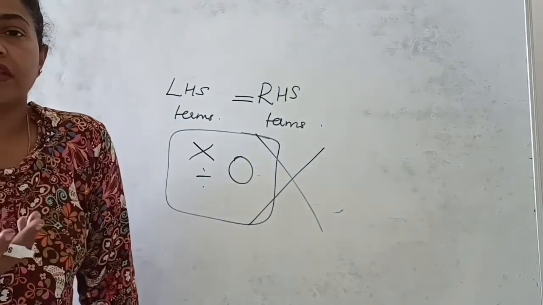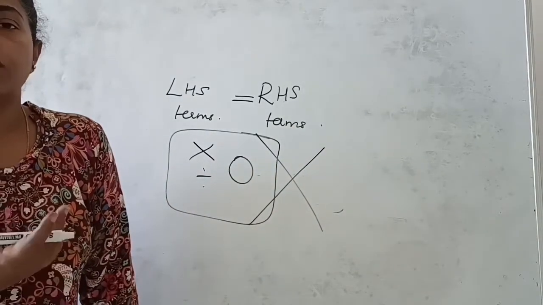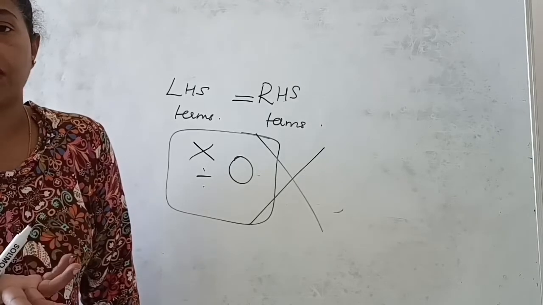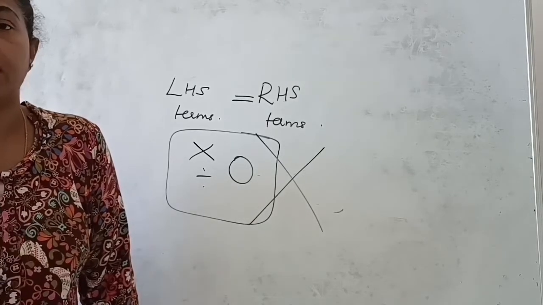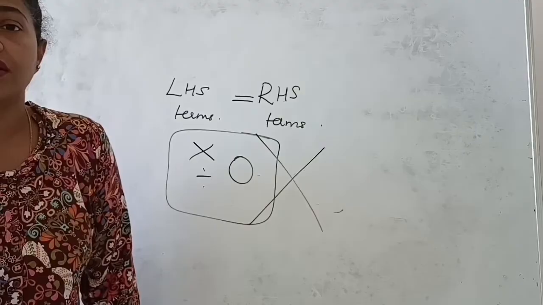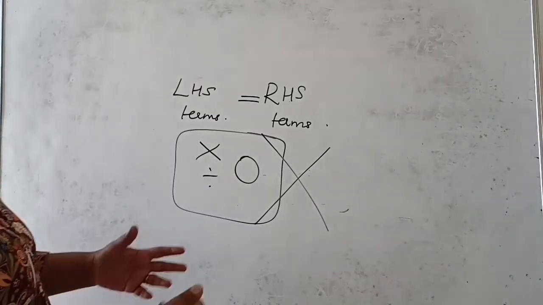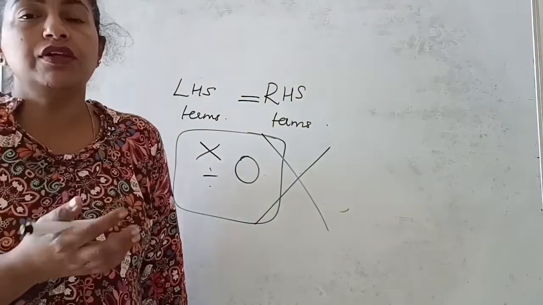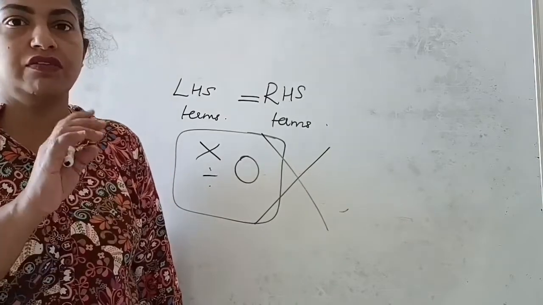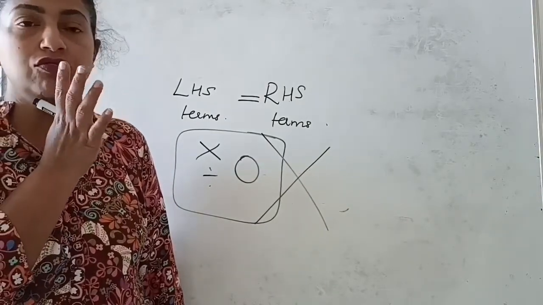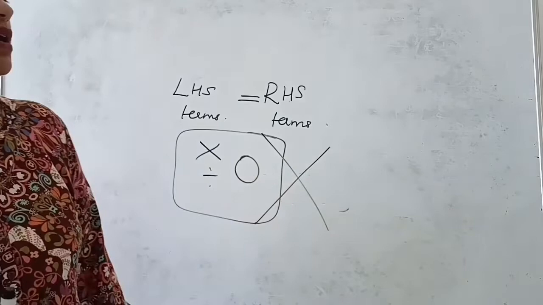What is the reason? When I am multiplying with a 0 on both the sides, my linear equation will disappear. You get a 0 is equal to a 0, and when you divide by a 0, you get infinity is equal to infinity, which is kind of a very weird thing to get from a balanced linear equation.